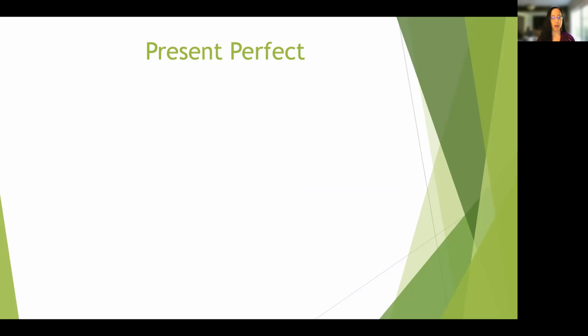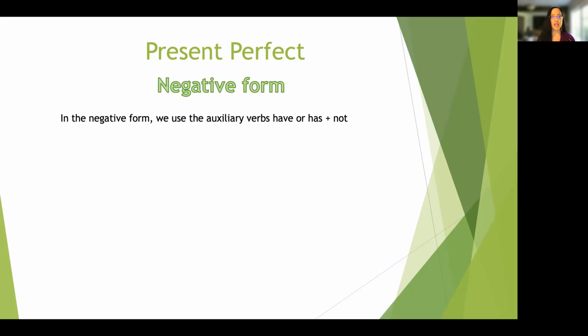Okay, more on present perfect. Negative form. In the negative form, we use the auxiliary verbs have or has plus not. Haven't. What would be the negative form of has plus not?